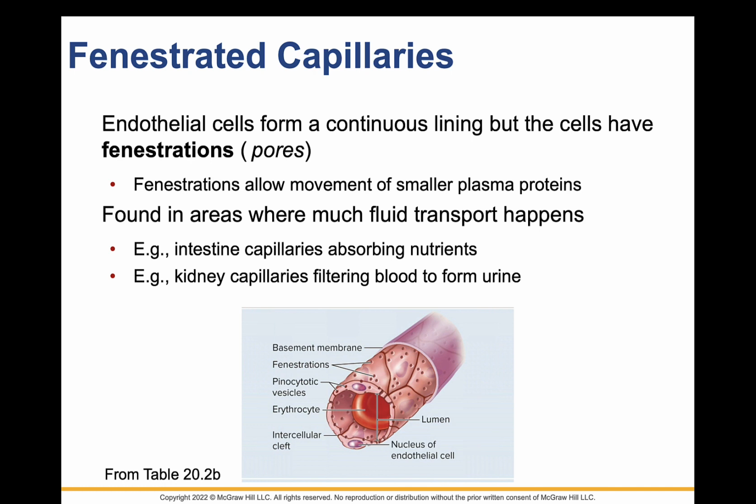The best example that I can give you is within the glomerulus of the nephron. Remember, the nephron is the primary functional unit of the kidney, and the glomerulus is the part of the nephron where filtration takes place. So there have to be pores.